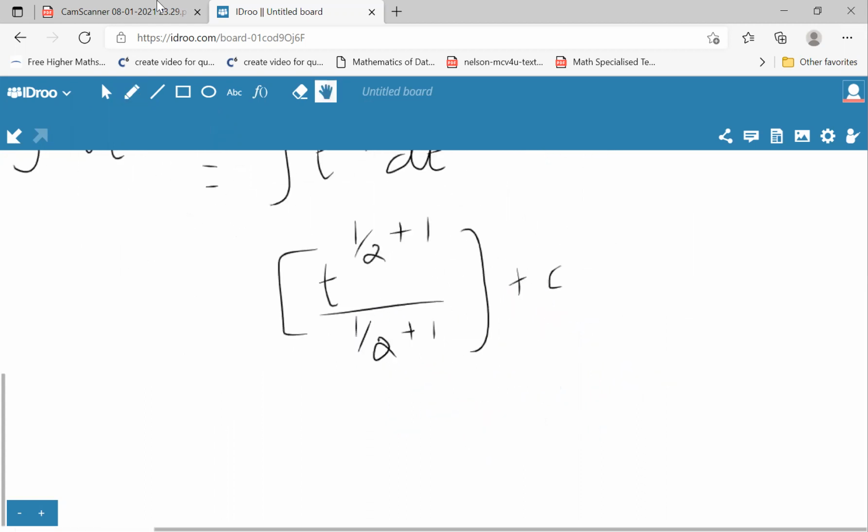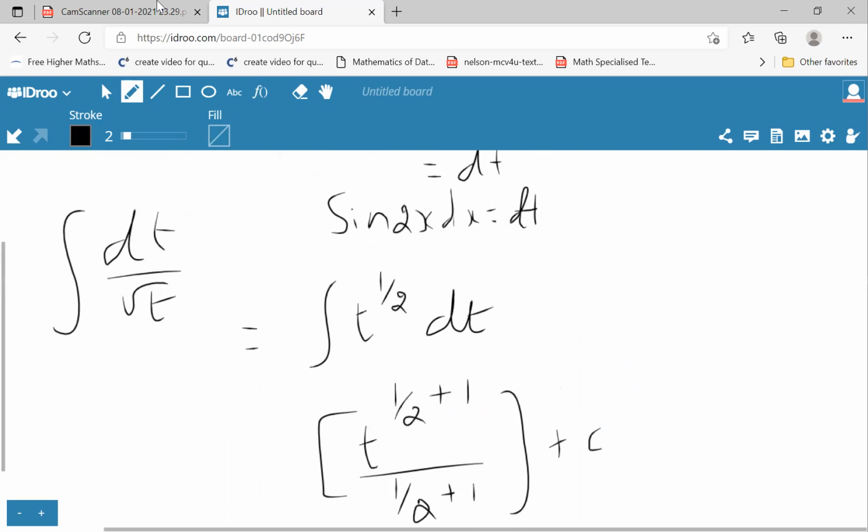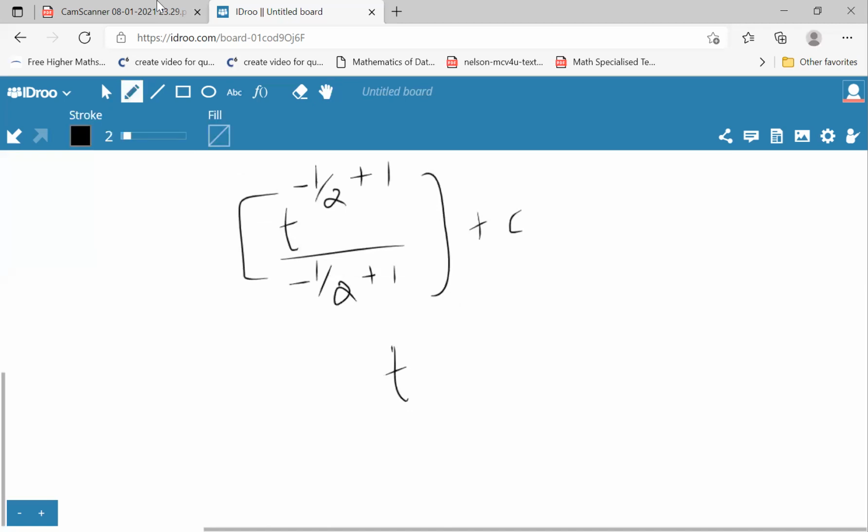Okay. So now t to the power of half plus 1 is now going to be, sorry children, it is now going to be minus half. Minus half plus 1. So that now becomes t to the power of half by half plus c.